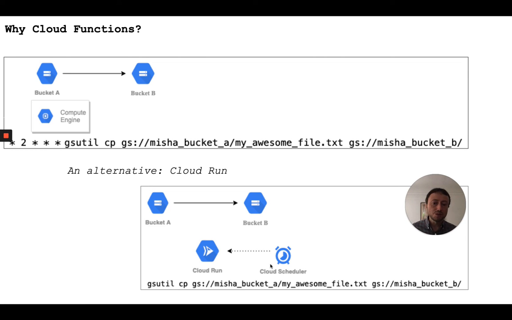It would be triggered by a cloud scheduler, and it would run gsutil copy on a file from one place to the other. So sort of the same thing, smaller footprint than a full-fledged compute engine instance, but this would work.